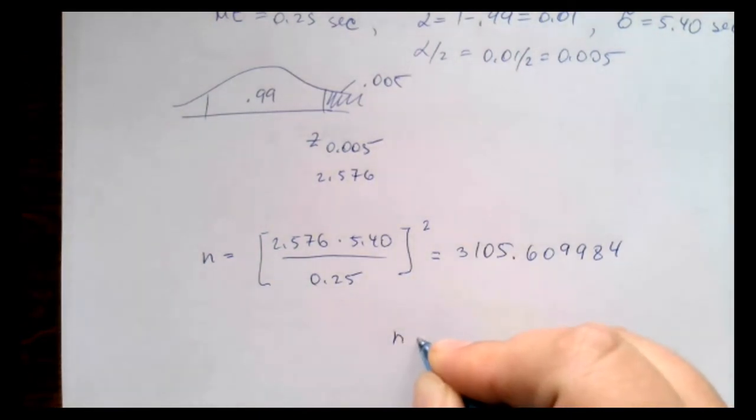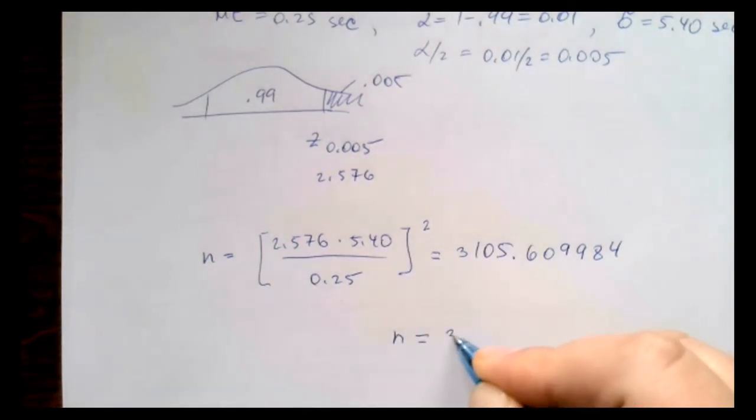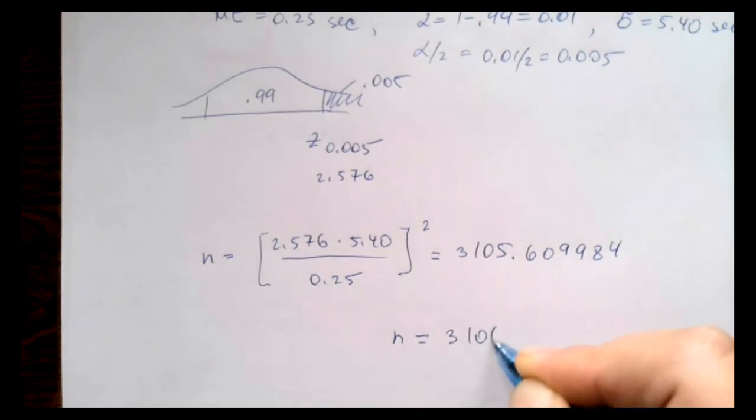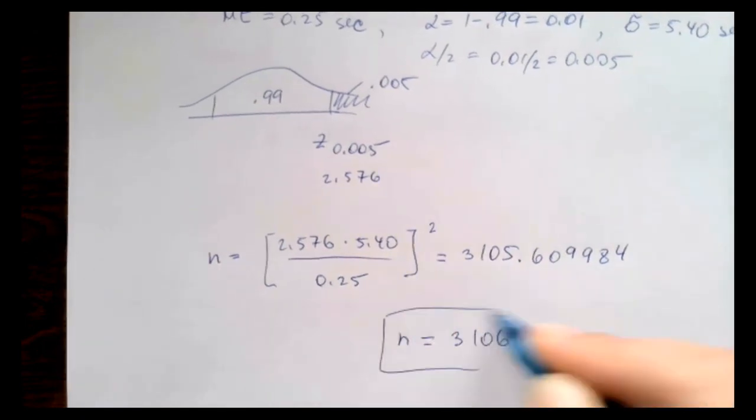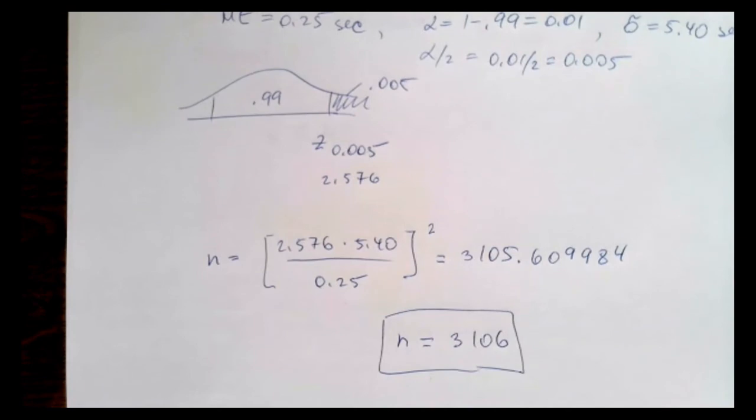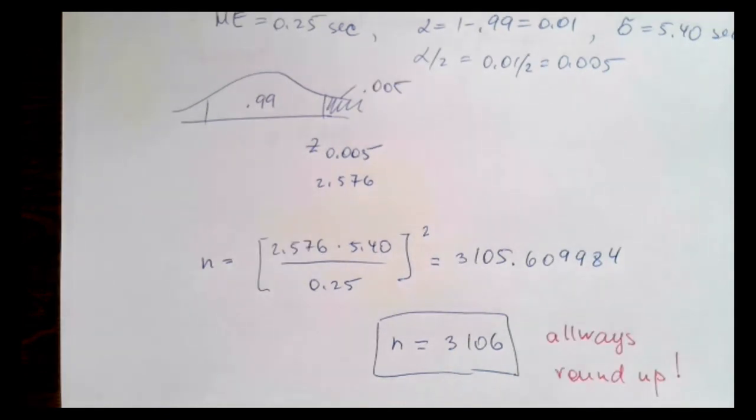So that is why we're always going to round up our sample size. So the sample size is 3,106 for this specific problem. So always round up. I just want to reiterate again that we don't use our regular rounding rules for the sample size.